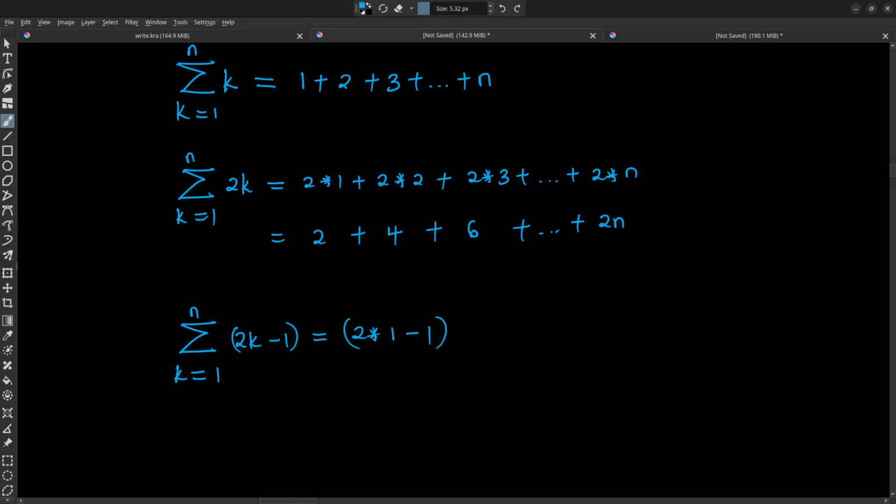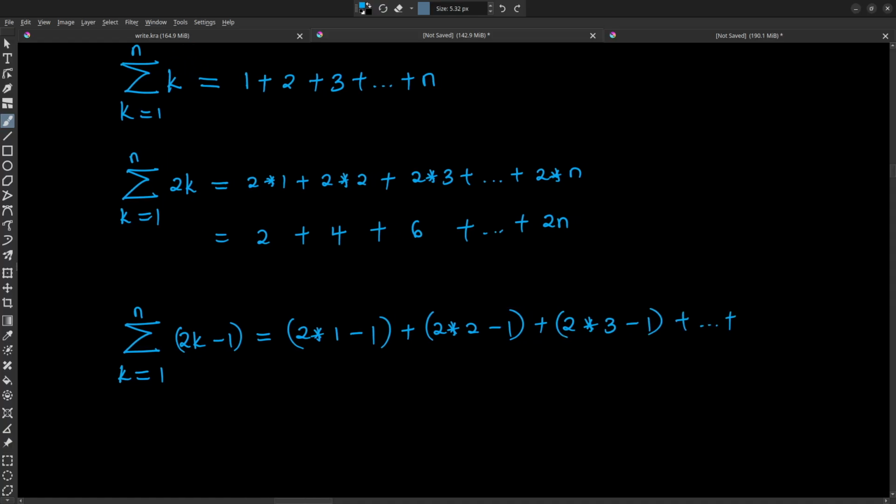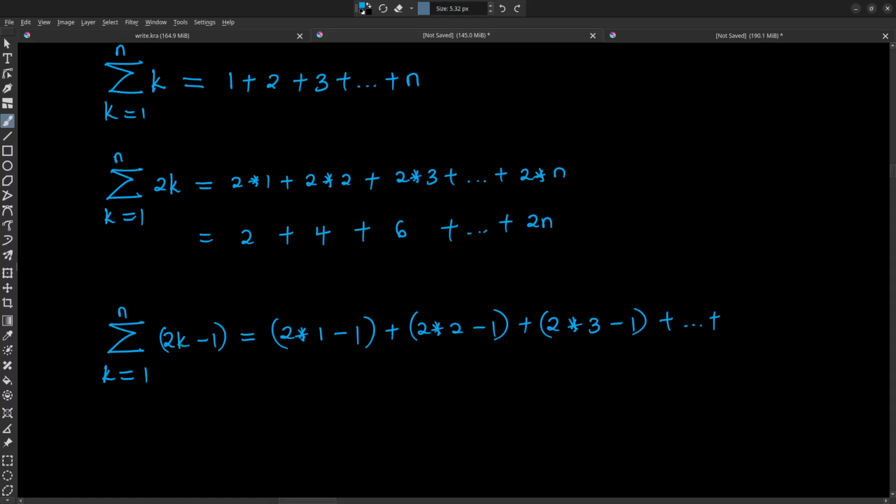Since we are summing, the connection between one term and the next is the plus symbol. When k is 2, this becomes 2 times 2 minus 1. When k is 3, this becomes 2 times 3 minus 1. This happens all the way until k is n, which gives 2 times n minus 1.